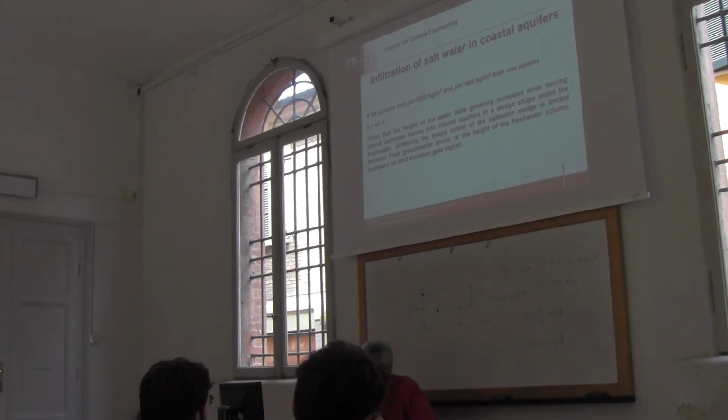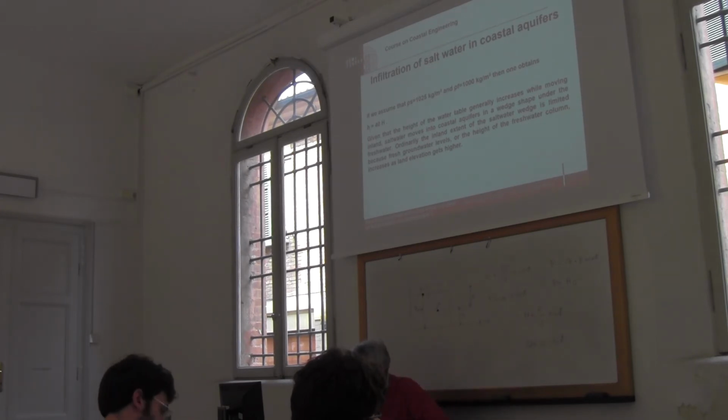I need to correct this. It should be inverted because you see that it says that lowercase h is equal to 40 capital H. Instead, it's the opposite, as we just derived.